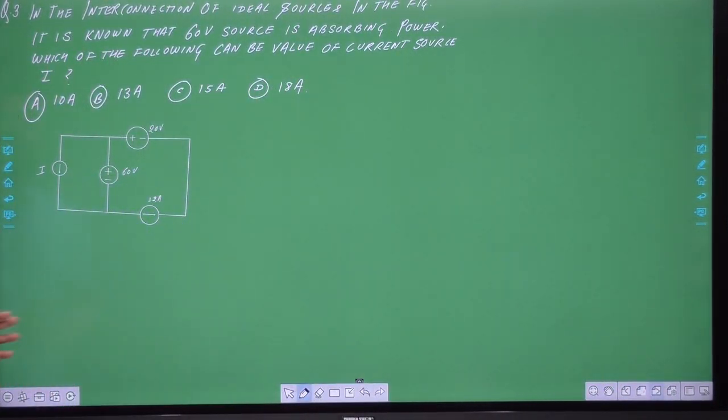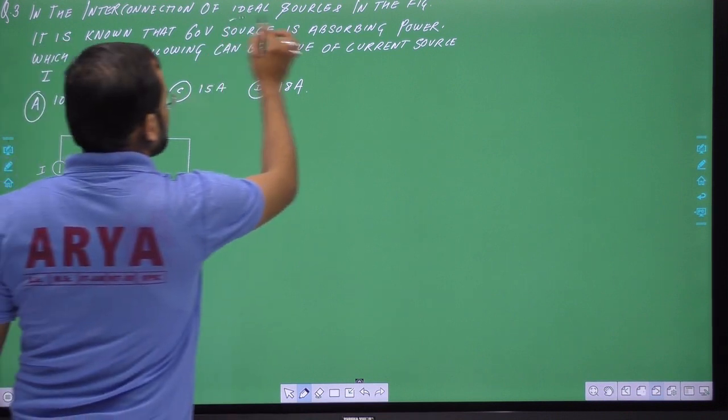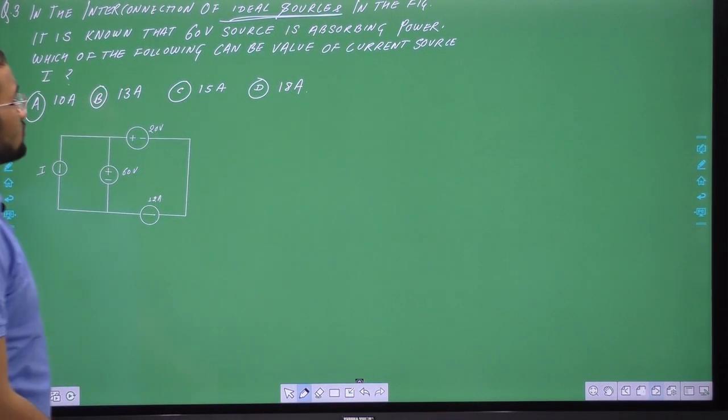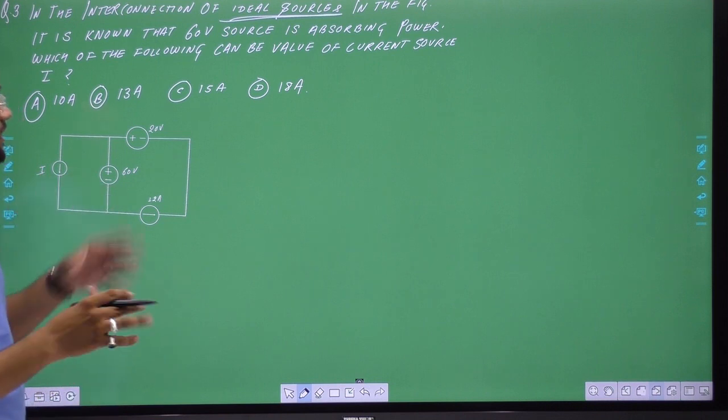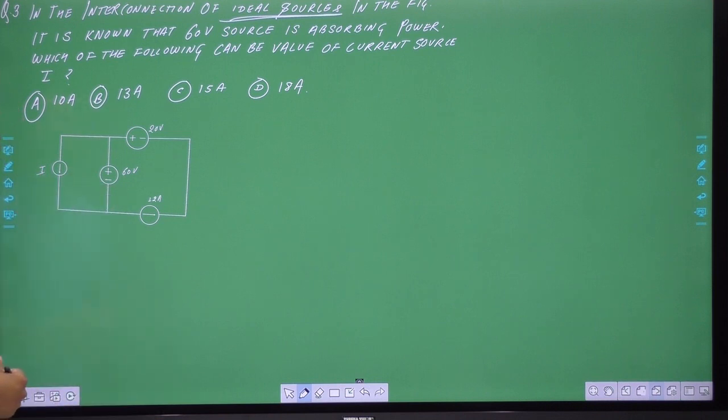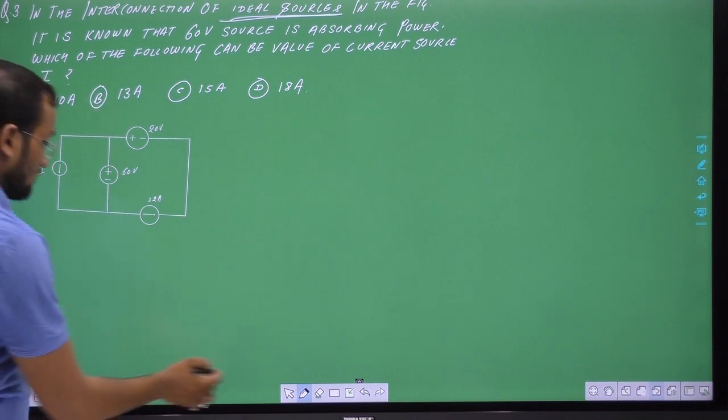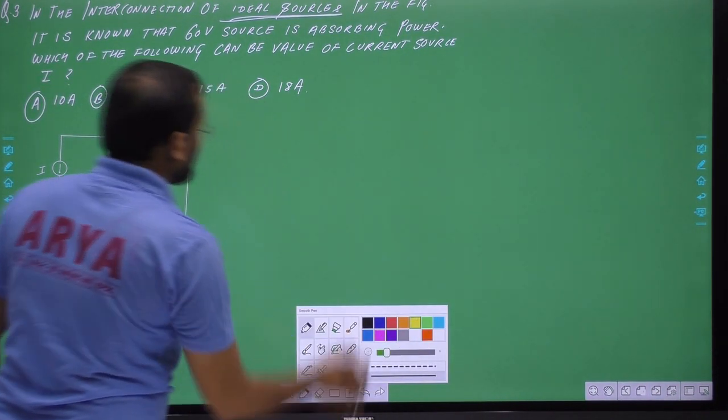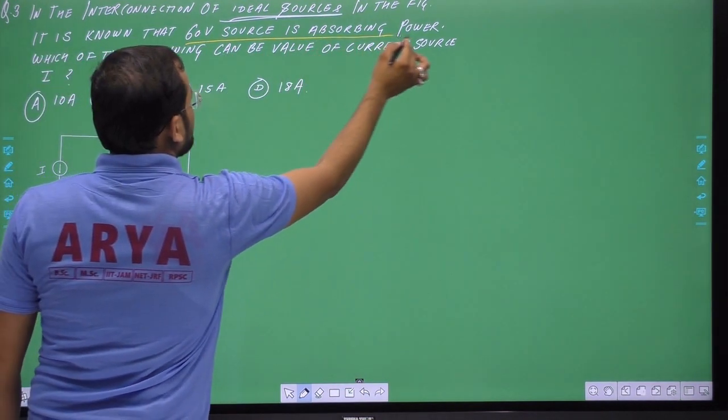This question says that in the interconnection of ideal sources, the sources are ideal, so we don't have to worry about internal resistances. In the figure, it is known that the 60 volt source is absorbing power.